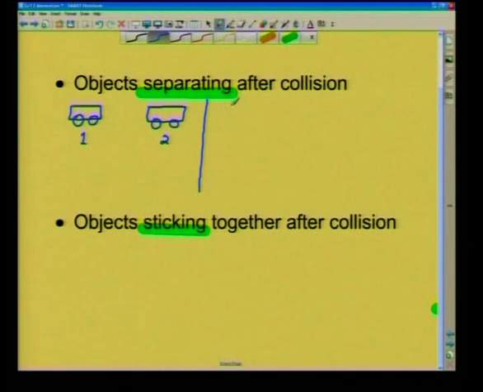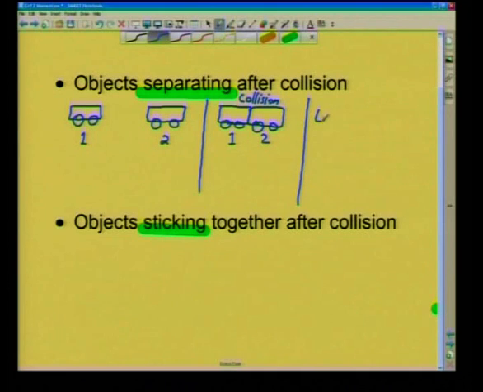When they collide, we have them colliding there. That's the moment they collided. Okay? So 1 and 2 together. This is the collision. And then at the end, we see them separating. Okay, this is 1, this is 2.